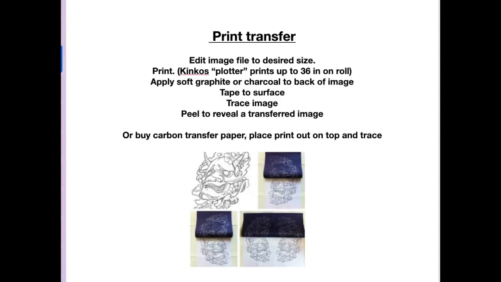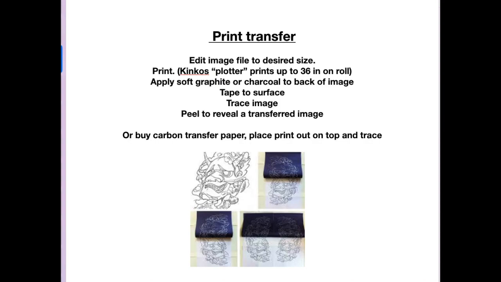So there's a few methods of enlarging an image, and we'll talk about all three of them. The one that we're going to practice is the grid, because the other ones are pretty self-explanatory. The print transfer is you edit your image to the desired size. You can go to Kinko's, which doesn't exist anymore.